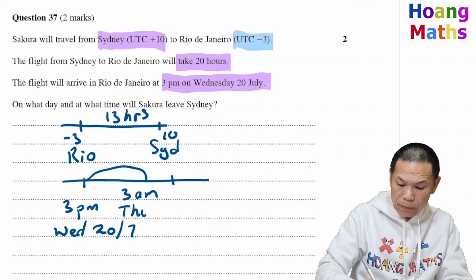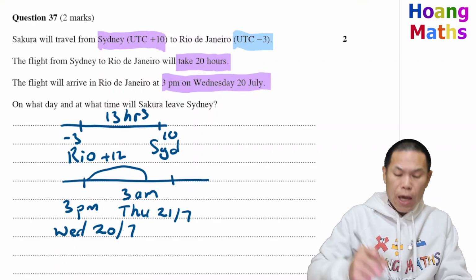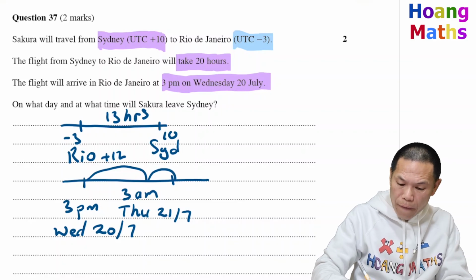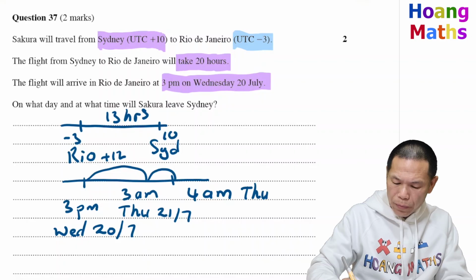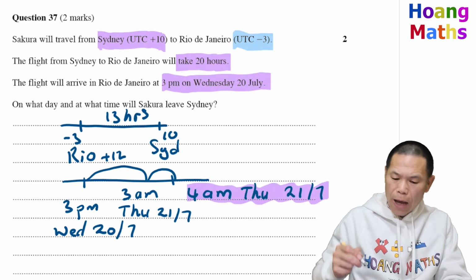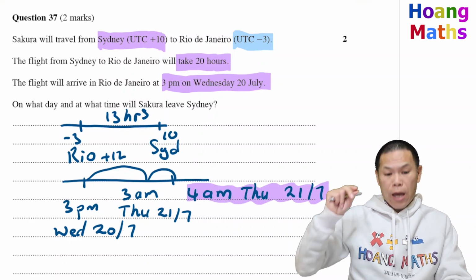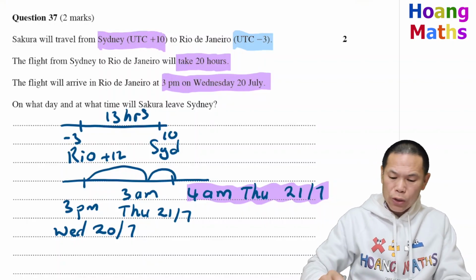Thursday, 21st of July. And then this is 12 hours, and we need to add another hour because it's 13 hours. So that becomes 4 a.m. Thursday, 21st of July. Keep that in mind. This is the time in Sydney. Then we need to go back 20 hours for the flight time, so we minus 20 hours.